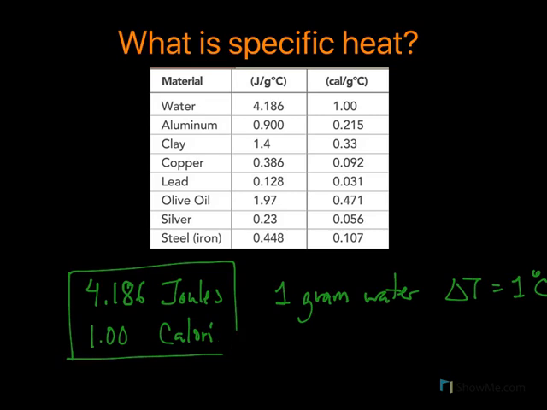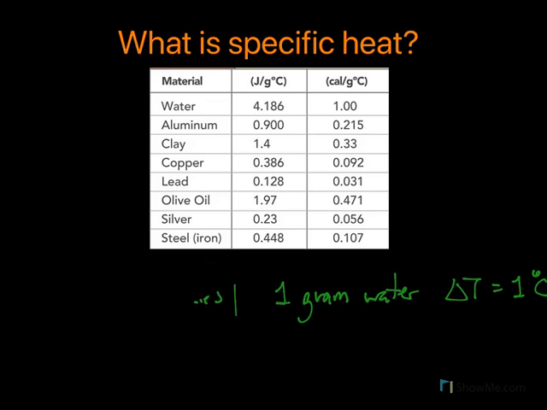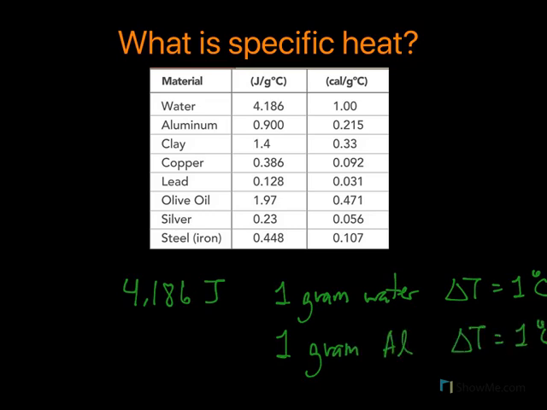So let's look at another substance, let's say aluminum. If you have 1 gram of aluminum and you want to raise it 1 degree Celsius, you're going to only need 0.9 joules of heat. So this does not take a lot of heat to increase the temperature of the metal.